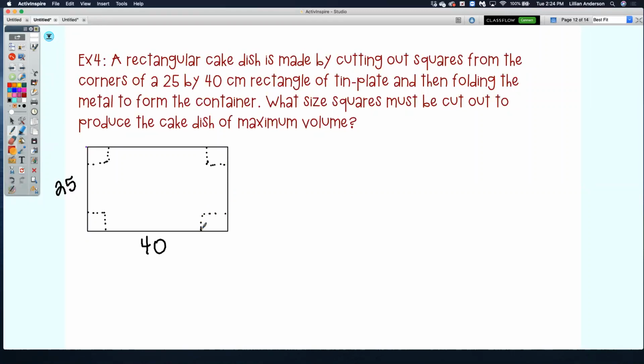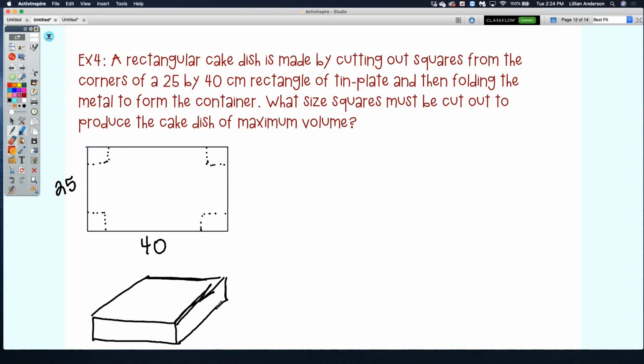Once you cut out those squares, you'll fold it and it creates your cake dish. Can everybody visually see this? For those who may be struggling, this is that front side folded. This is that side part folded.